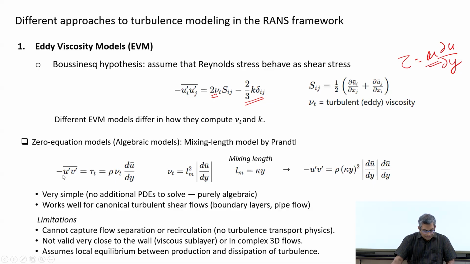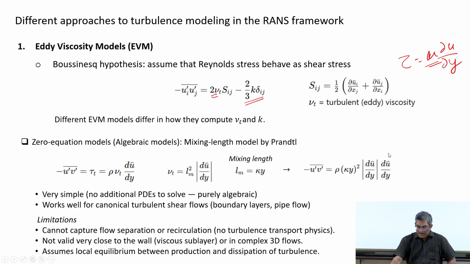In this model, we assume that the Reynolds stress is equal to the eddy viscosity times the gradient of velocity. Now, the eddy viscosity itself is equal to mixing length squared times the gradient of velocity, where the mixing length is modeled as ky, so the mixing length is proportional to the distance.